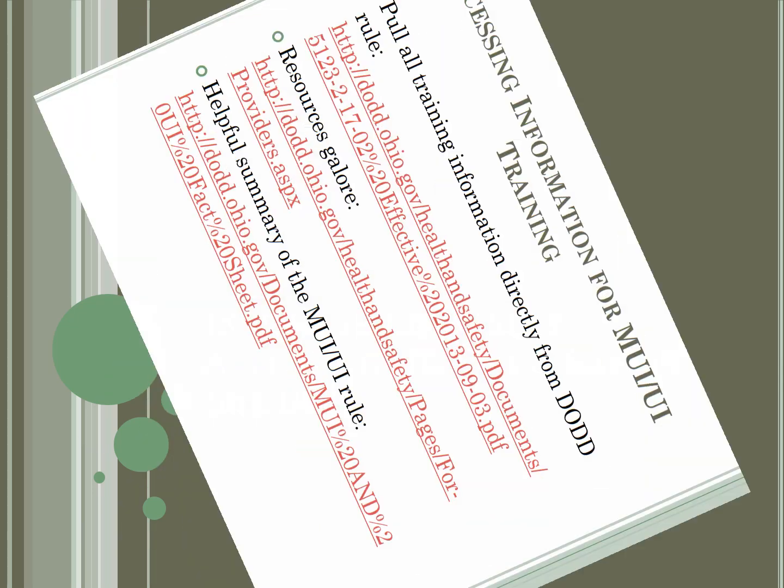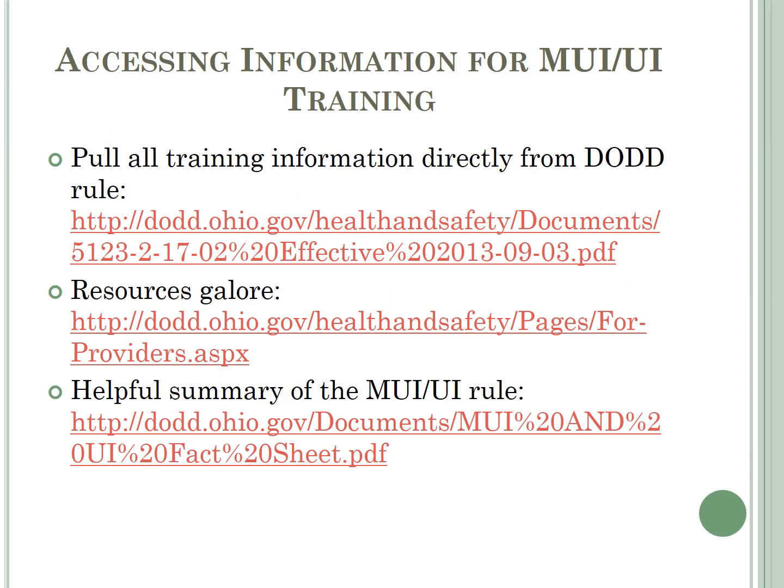So the next required training topic is incidents adversely affecting health and safety, which is the MUI UI rule. And really, the training for this topic is pretty black and white because you're just going to want to pull all of the training information directly from the rule. And I have listed on the page exactly where you'd find that rule.